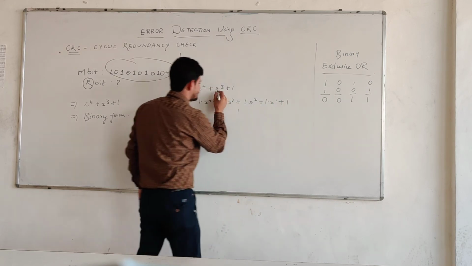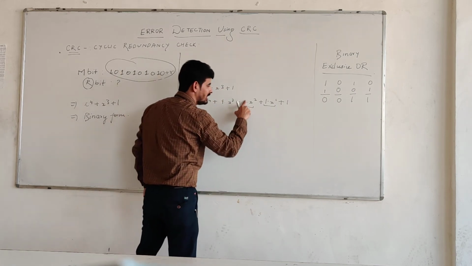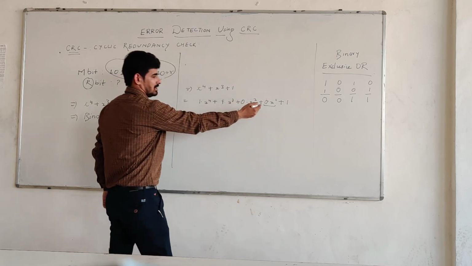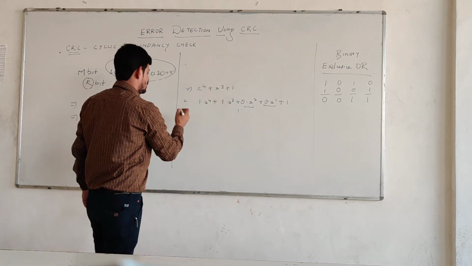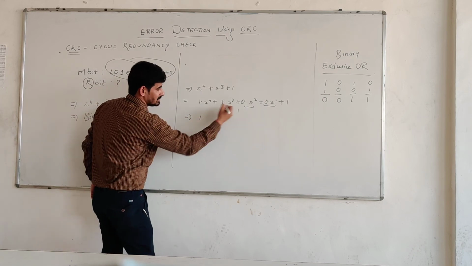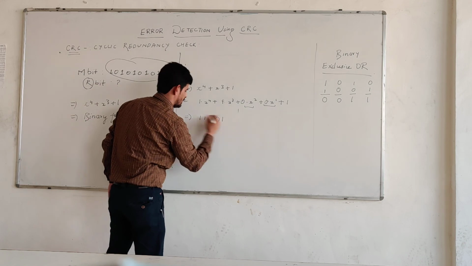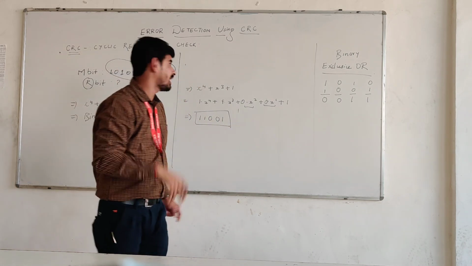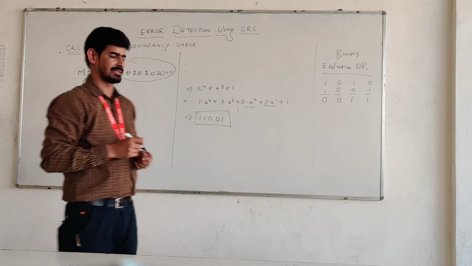Now this part doesn't exist in your equation, that is why it will be multiplied by 0. These coefficient powers are not available in the question. So what we will get is 1, 1, 1, 0, 0, 1? This will be your final divisor, by which you will divide the dividend plus redundant bits to get rid of errors.